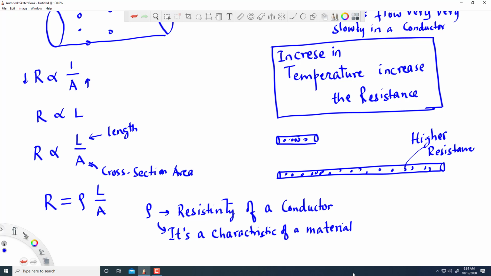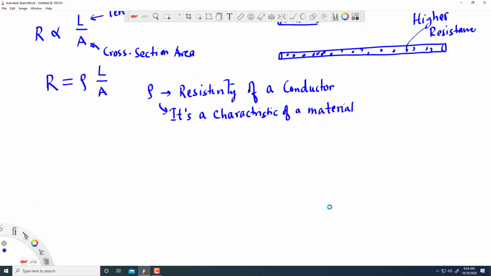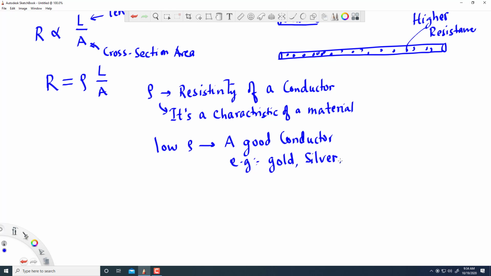Copper also has low resistivity. It's a good conductor. Anything that is considered to be a good conductor has low resistivity. So, low resistivity means it's a good conductor. Examples of good conductors are gold, silver, copper.